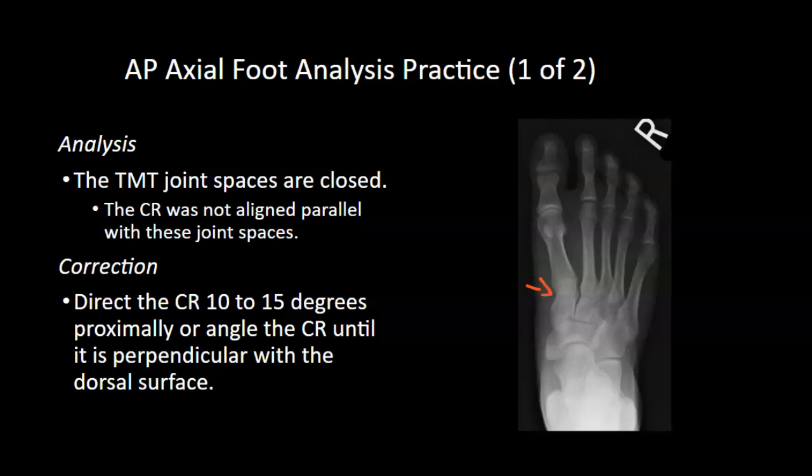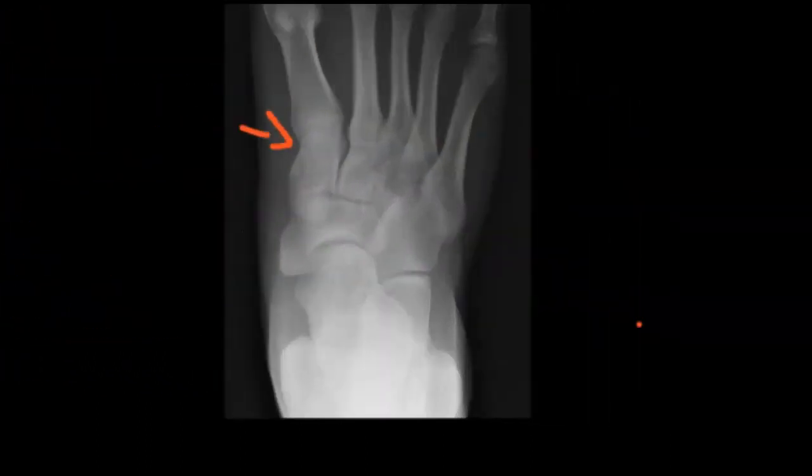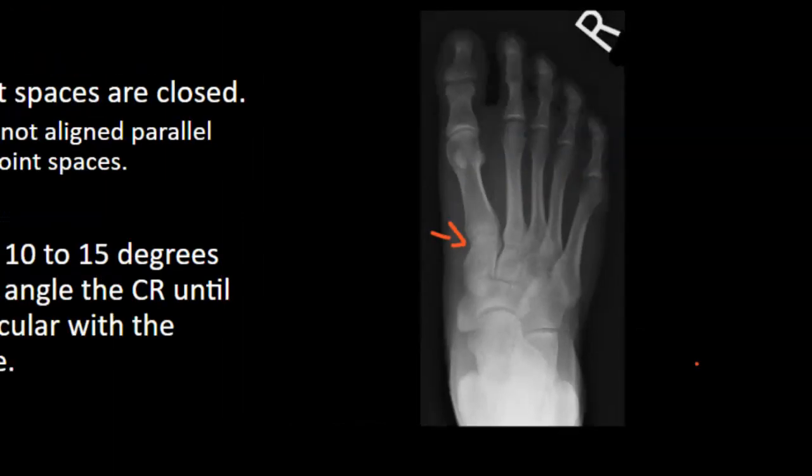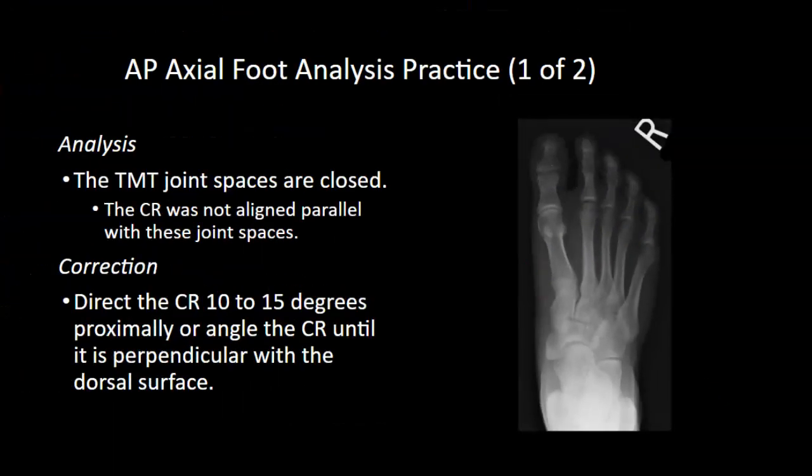Unfortunately, they are not. That should indicate to you that we have an insufficient central ray. So you may need to correct that image by directing the central ray 10 to 15 degrees proximally, and retake the projection.